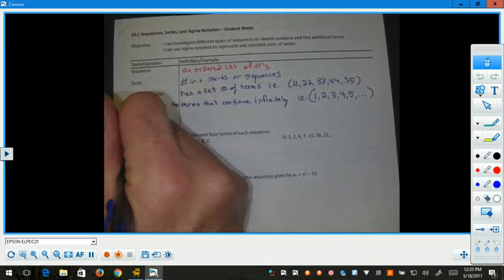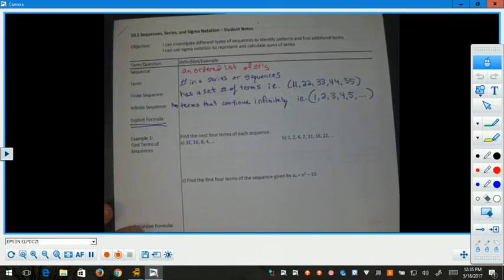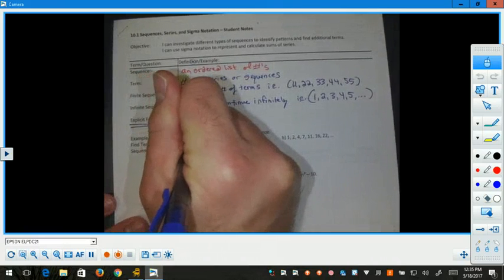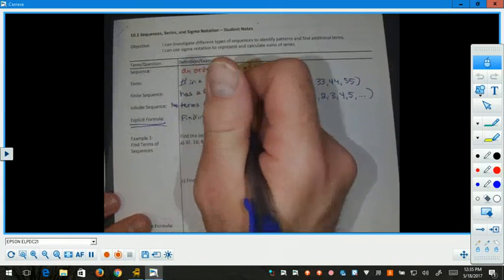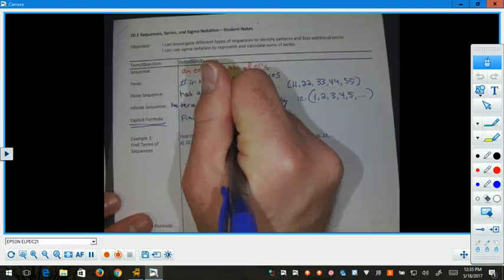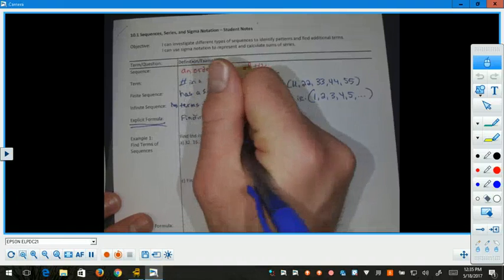An explicit formula is a formula where you're finding a value based on the position of the term. Normally we call it an output, but finding a sub n. We're going to write the formula for that.